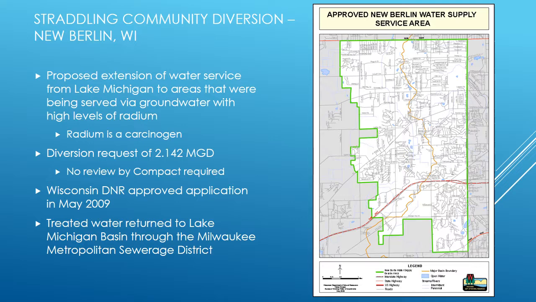New Berlin requested an average daily service of 2.142 million gallons per day, and because that was below 5 million gallons per day, no review by the compact was required. Wisconsin DNR approved the application in May 2009, and New Berlin treats the water and sends it back to the Lake Michigan Basin through the Milwaukee Metropolitan Sewer District.